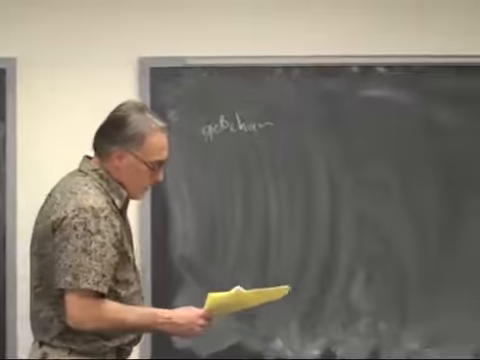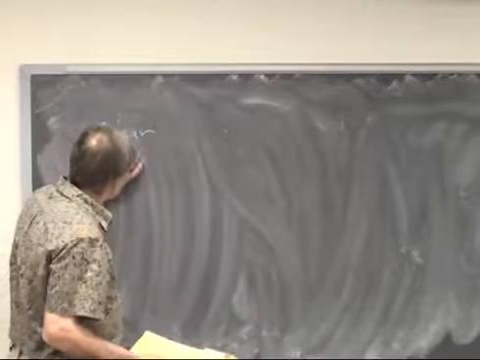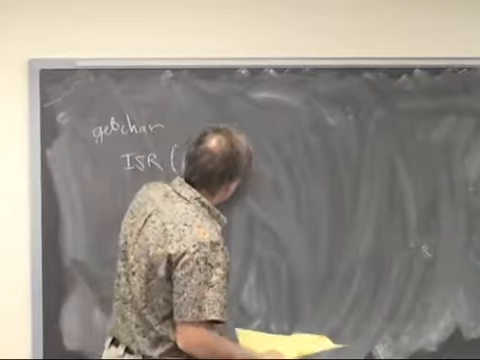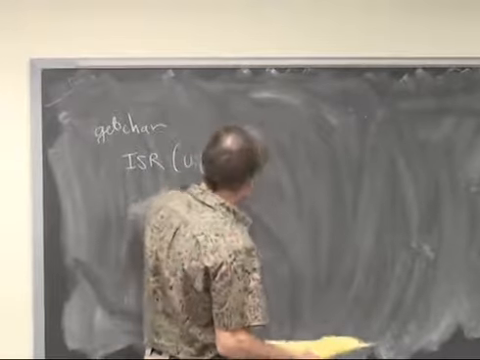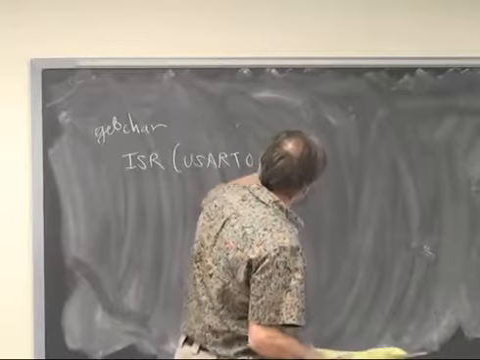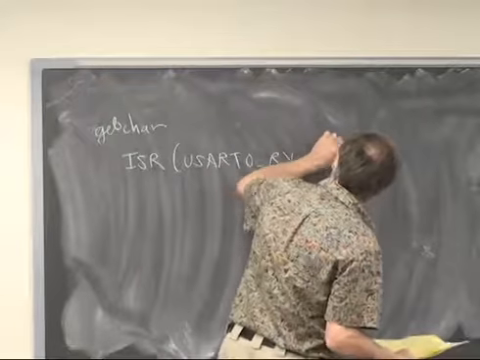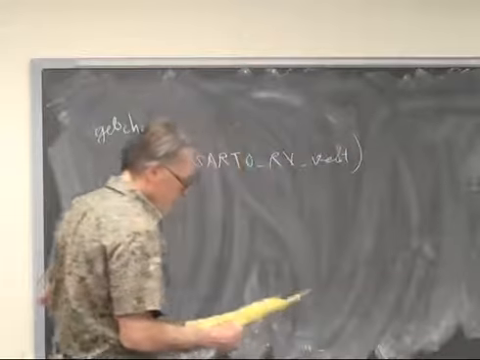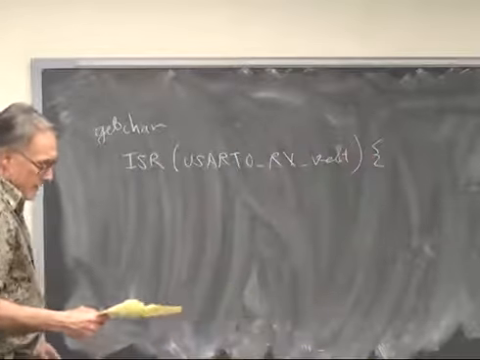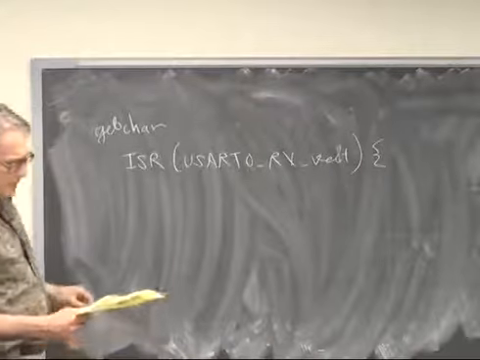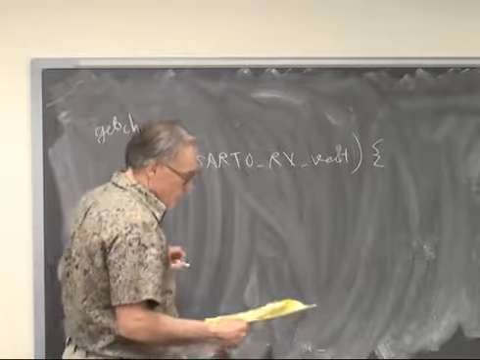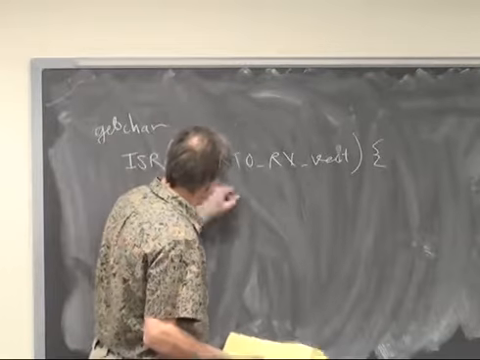Normal getChar is blocking. So what I did was to write a non-blocking getChar. What it's going to do, there's going to be some interrupt service routine, USART0_RX_vect. It's going to set a global variable TRT_RX_C.